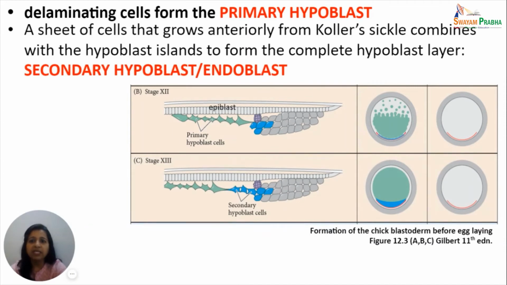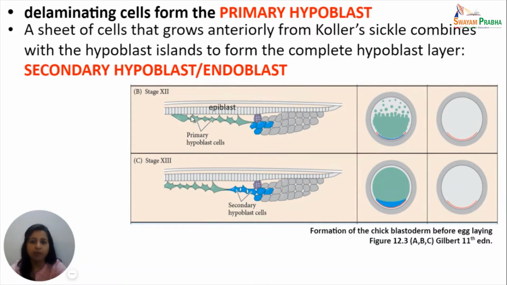A sheet of cells simultaneously grows anteriorly from the Koller's sickle, which combines with the hypoblast islands to form the complete hypoblast layer, which is now known as the secondary hypoblast or the endoblast.